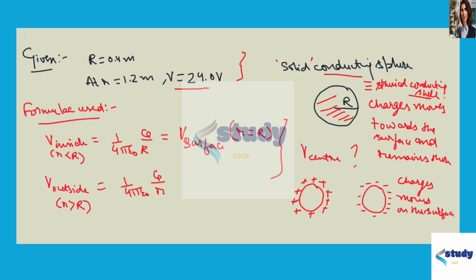V inside means that the potential at any point between r equals to 0 and r equals to R, we have 1 by 4 pi epsilon naught Q over R, which is equals to V surface. So the potential is constant between these 2 points, r equals to 0 and r equals to R. And V outside, which means that any point outside this sphere, r greater than R, we have 1 by 4 pi epsilon naught Q over r. So we will use this formula and use this information to find out the V center.